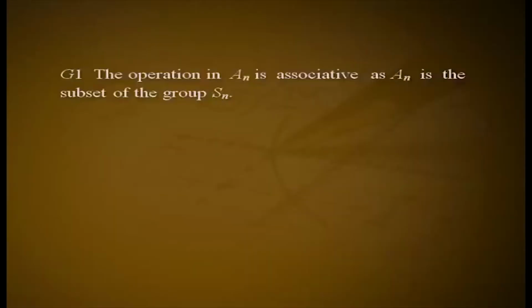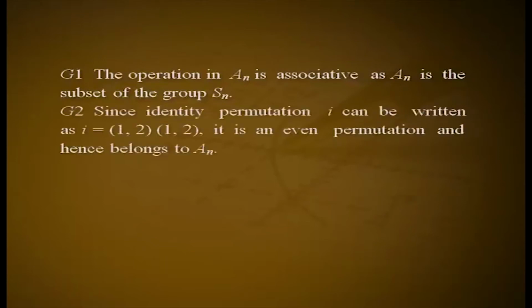Hence the closure property is satisfied. G1. The operation in An is associative as An is a subset of the group Sn. G2. Since the identity permutation I can be written as I equals (1 2)(1 2), it is an even permutation and hence belongs to An.